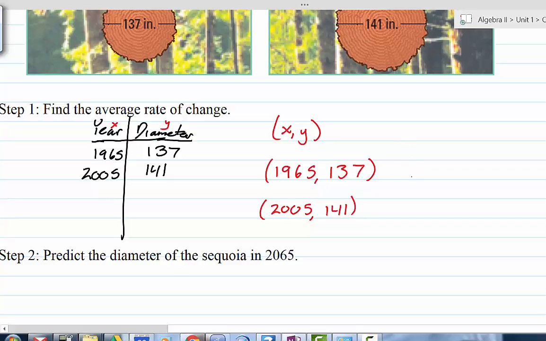With my slope being y2 minus y1 over x2 minus x1.